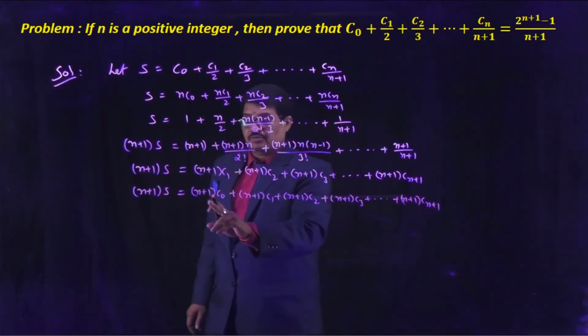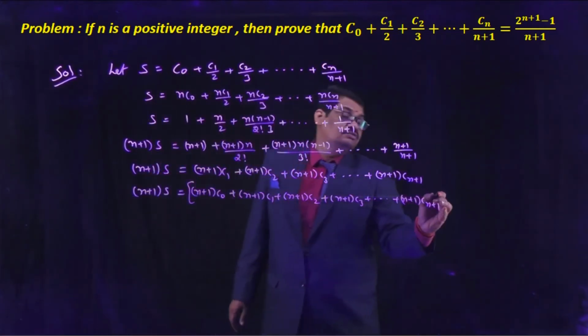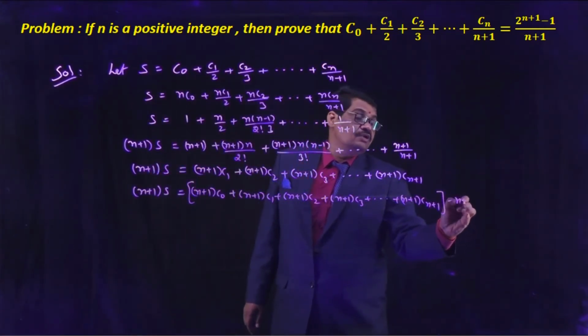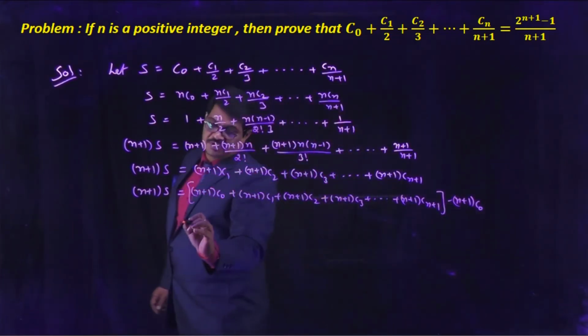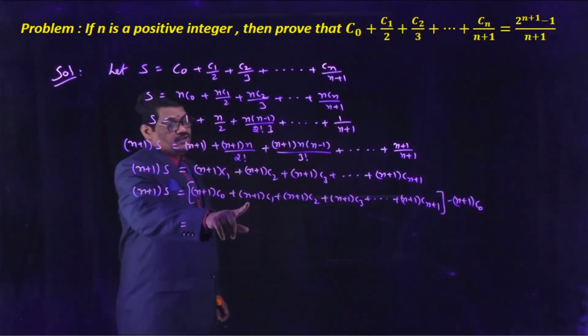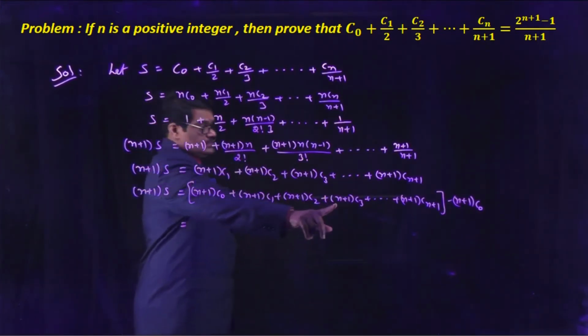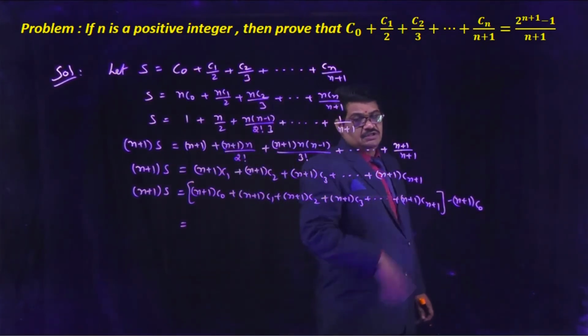In the first term we add (n+1)C0, and in the last we subtract (n+1)C0. Now observe this expansion.